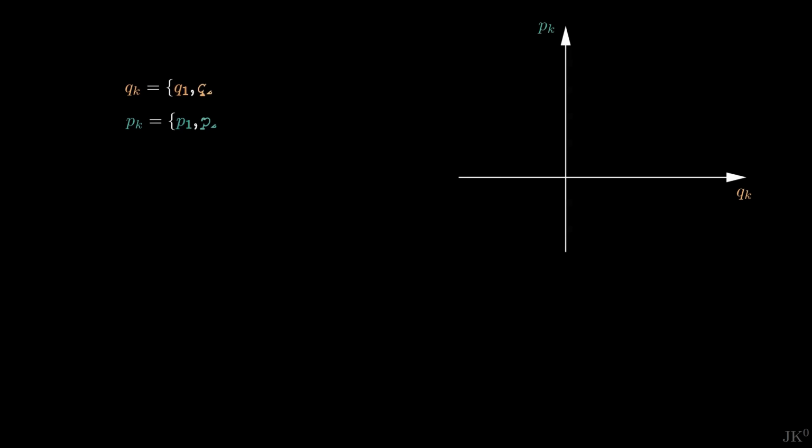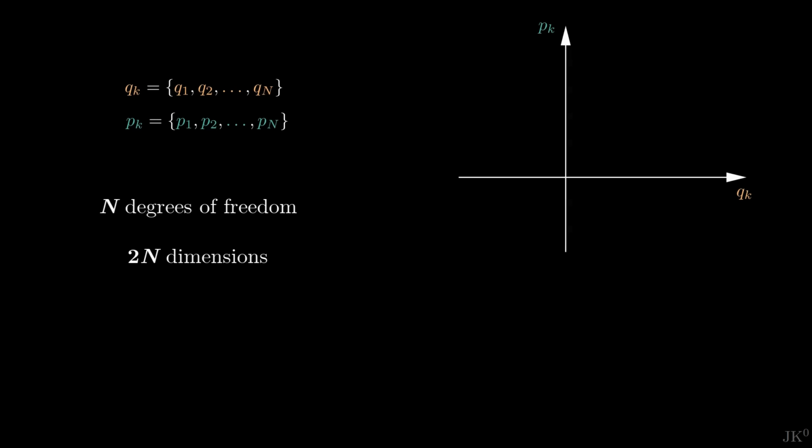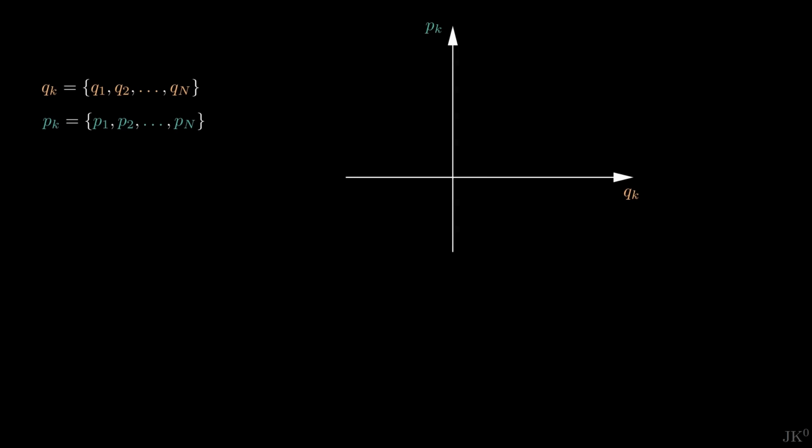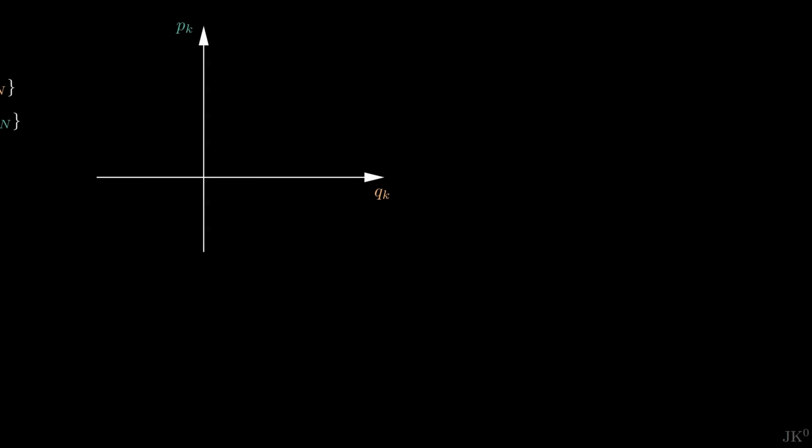For a physical system of n degrees of freedom, phase space has 2n dimensions. For this reason, phase space can only be properly visualized for systems with a single degree of freedom, in which case the phase space becomes two-dimensional.